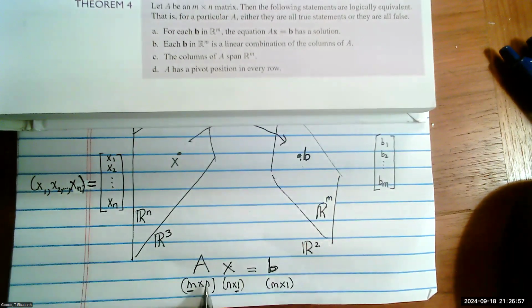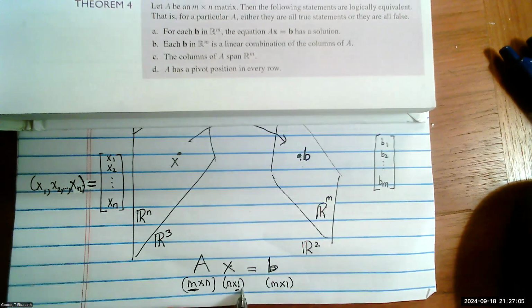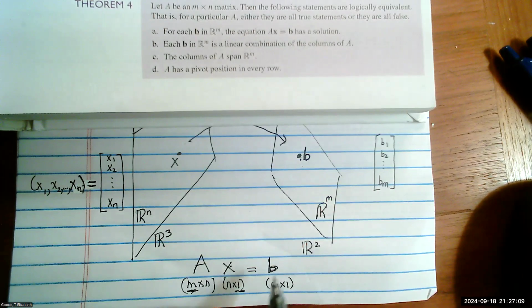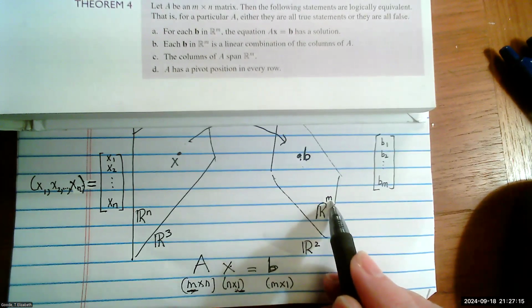If A is M by N, then the dimensions of the product A times X are these outside numbers. The product is going to be M by 1. So B is going to be an M by 1. That's why it lives in Rm.